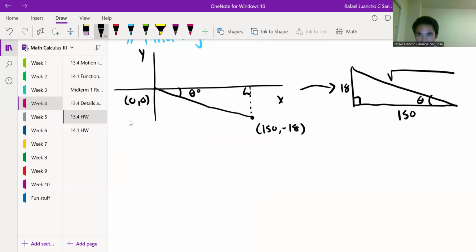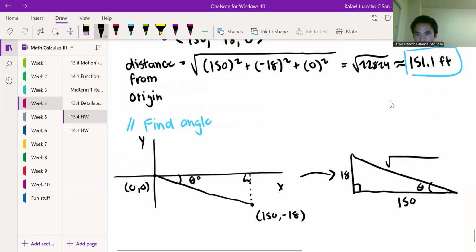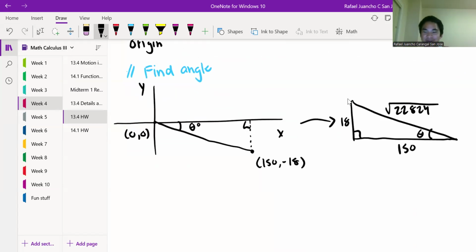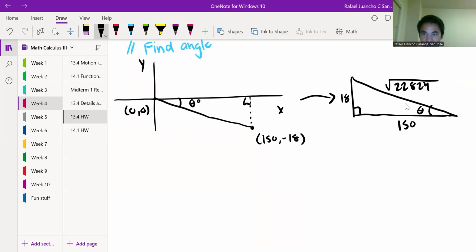This is square root of 22824. You can do a Pythagorean theorem to see if it matches. Let me actually do it real quick. 150 squared plus 18 squared. Yeah, I got 22824. So this is a right triangle. It's a perfect Pythagorean theorem.